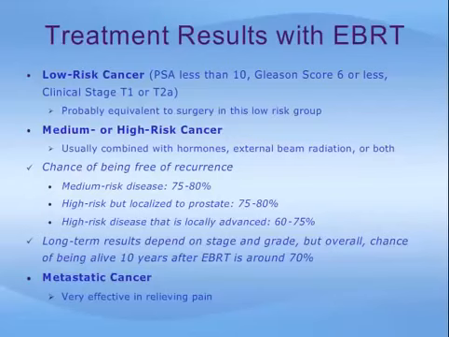For men with high risk but localized disease, the chance of recurrence is similar, and for men with more advanced disease, the likelihood of being free of cancer recurrence falls to about 60 to 75%. Overall, the chance of being alive 10 years after EBRT in this group is around 70%. This number may also be related to other health problems such as heart conditions, as older, less healthy men are offered this therapy more often compared to brachytherapy and surgery.